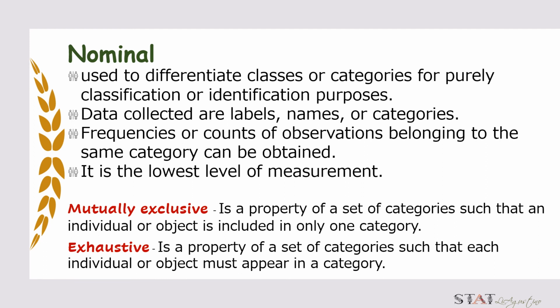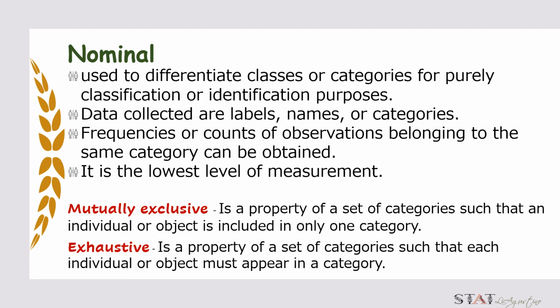So our relationship or our mindset must be mutually exclusive and exhaustive. There is no in between. Okay? So we must be included in only one category and we must appear in a category. So those are the characteristics of a nominal level of measurement.